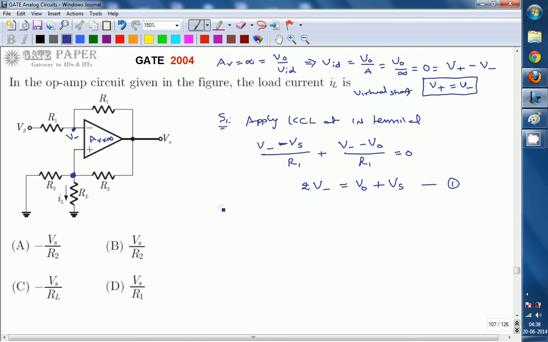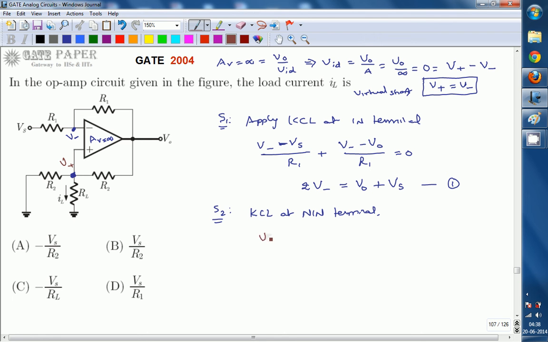Now we apply step 2: apply KCL, Kirchhoff's current law, at the non-inverting terminal, where we assume the voltage as V plus.